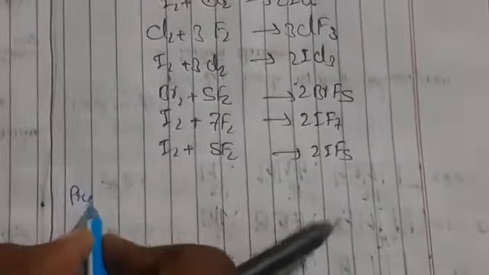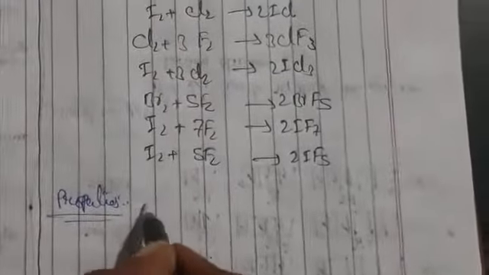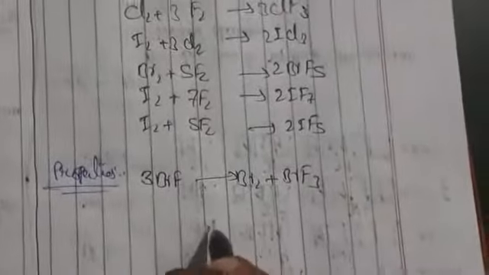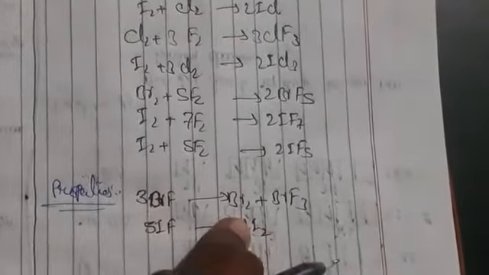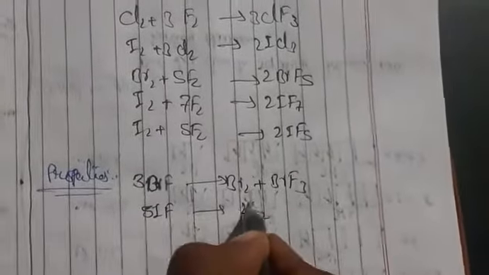Let us see the properties, what it is going to give. First, 3BrF gives Br2 plus BrF3, okay, and 5IF gives 2I2 plus IF5, okay.